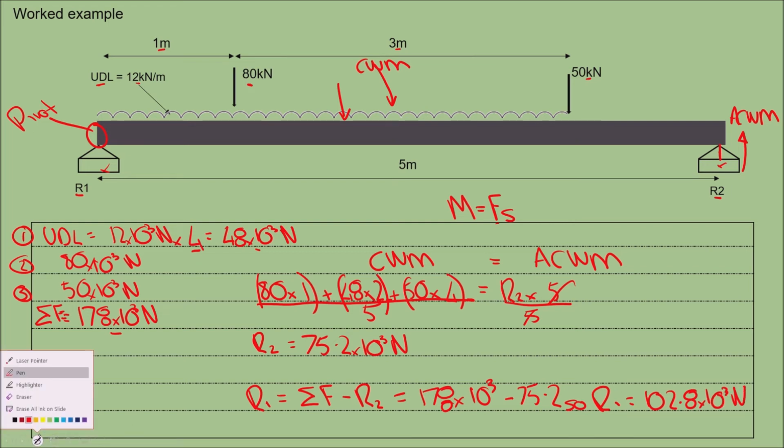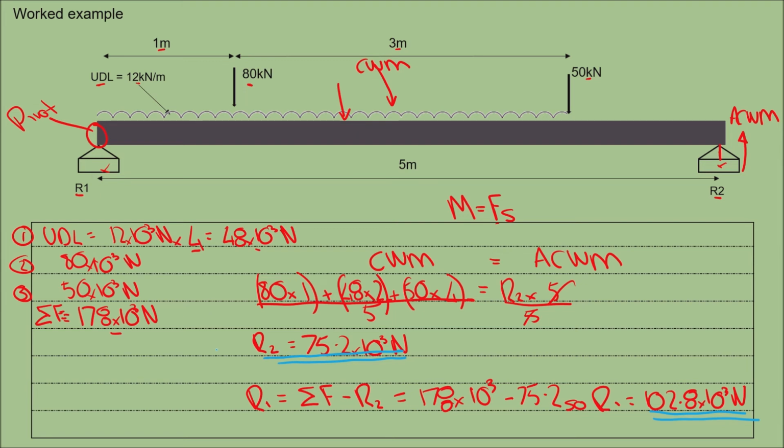Okay, so I'm just going to grab that different colour pen, and I'm going to double underline these so we can highlight the answers there and there. Alright, so very similar to what we've done previously, except the only difference, we've put a uniformly distributed load in there, is we've got a little bit of thinking about in relation to what the total value of that load is.